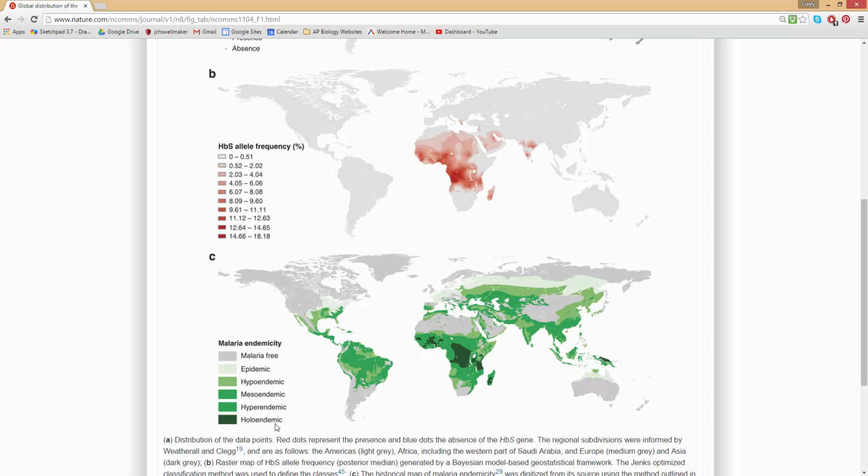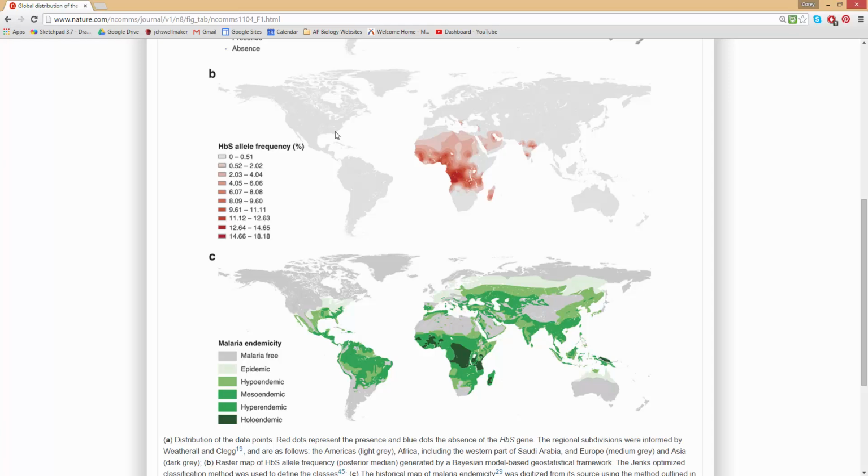And so the pattern that sparked this case study was that regions with high rates of very persistent malaria also have very high frequencies of the sickle cell allele relative to other parts of the world, for example relative to the sickle cell allele frequency in North America.